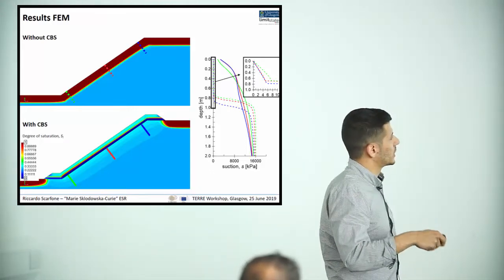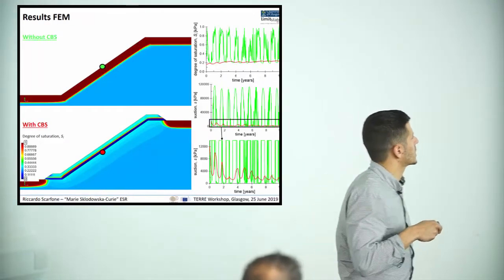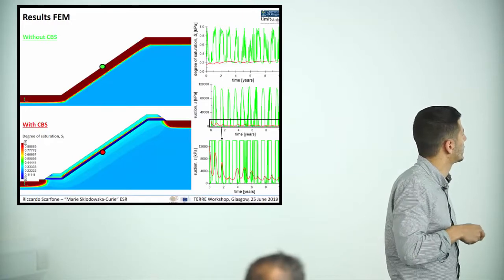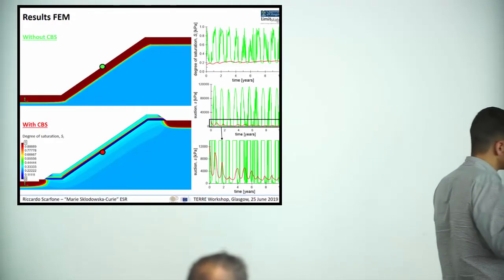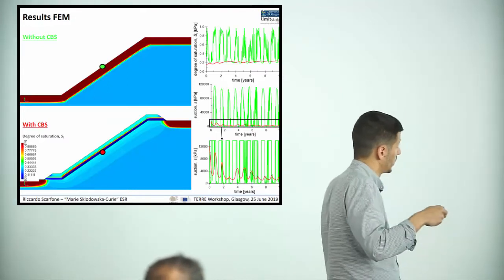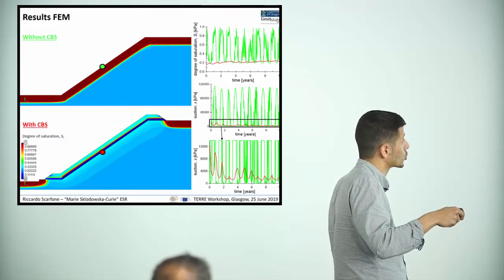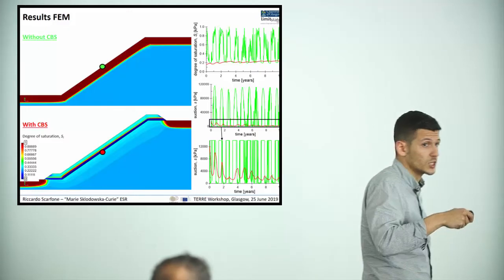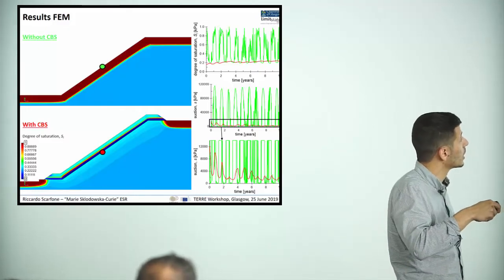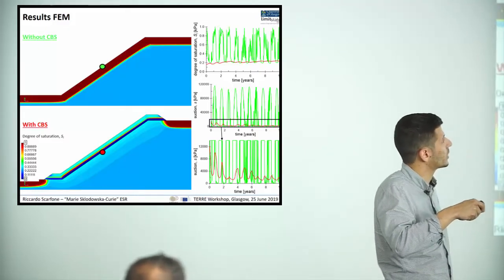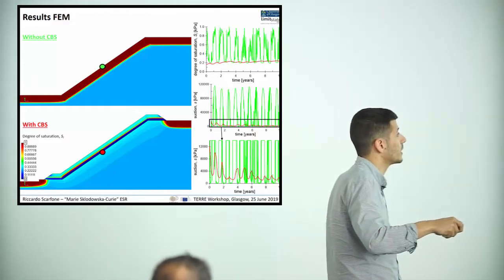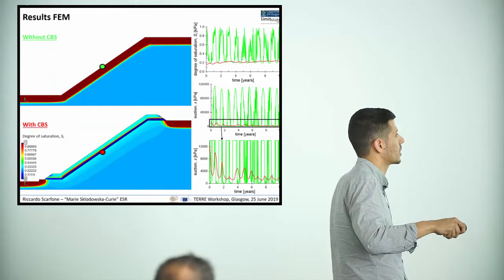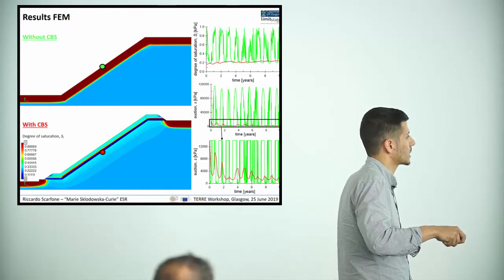Similarly, if we plot the time histories of degree of saturation and suction at this midpoint at the surface of the underlying soil, we see how, using the capillary barrier system, the red curve, we are able to control the degree of saturation, which always stays low, whereas during winter, without the capillary barrier system, it reaches very high values. Similarly for suction, here I just show a zoom of these low suction values.